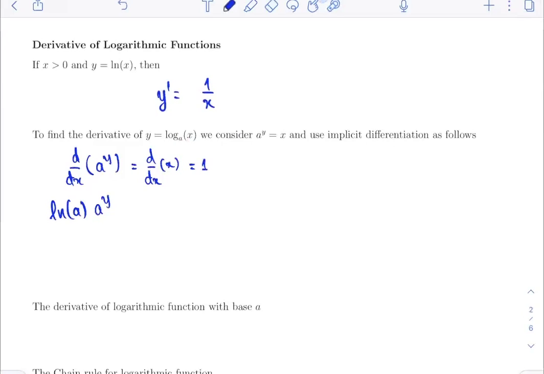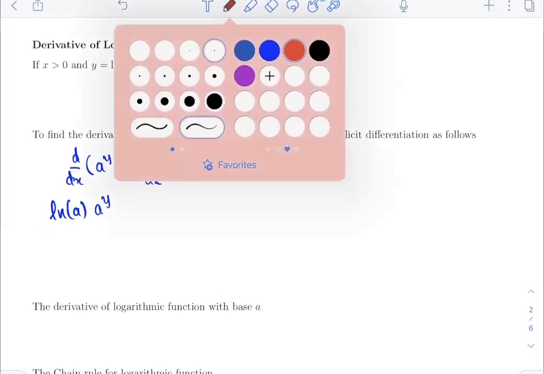But remember the chain rule, right? You take the derivative of something in terms of y, but with respect to x. So that means when you take the derivative of the left-hand side, not only do you have ln of a times a to the y, which is the derivative of the exponential function, you still have the chain rule.